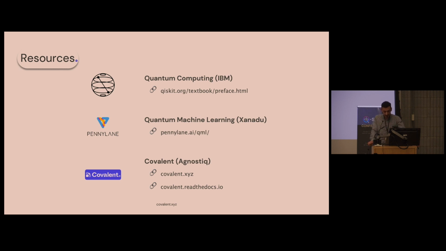Qiskit, which is the IBM quantum programming framework, has a great online textbook that walks you through pretty much everything you'd want to know about quantum computing at a really reasonable pace compared to, say, a textbook on the subject. If you're interested in quantum machine learning more broadly, you can check out PennyLane at pennylane.ai. And finally, please do visit the Covalent website at covalent.xyz and check out the Covalent docs, because there you'll find a bunch more tutorials and examples that you might be interested in.